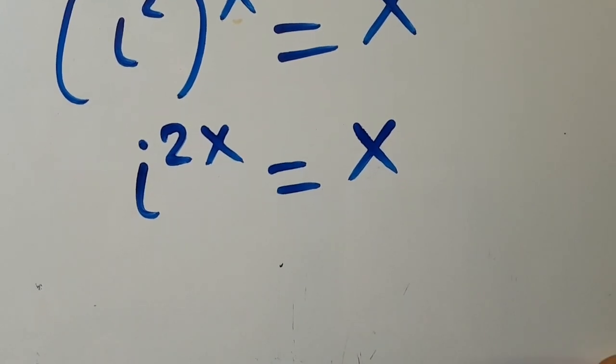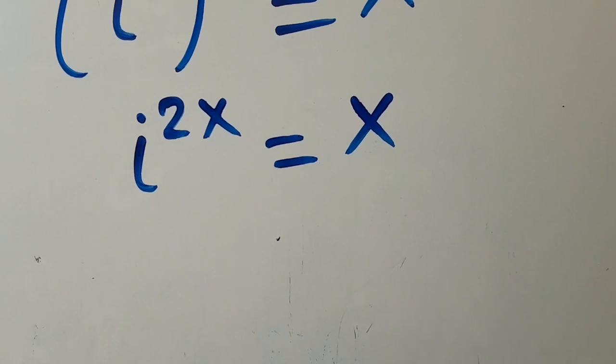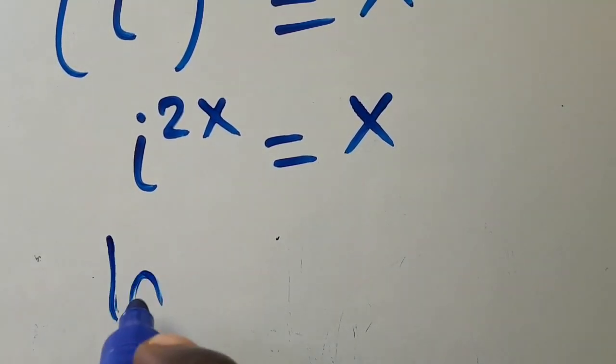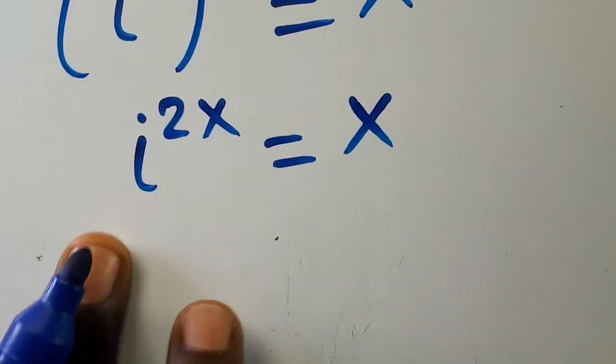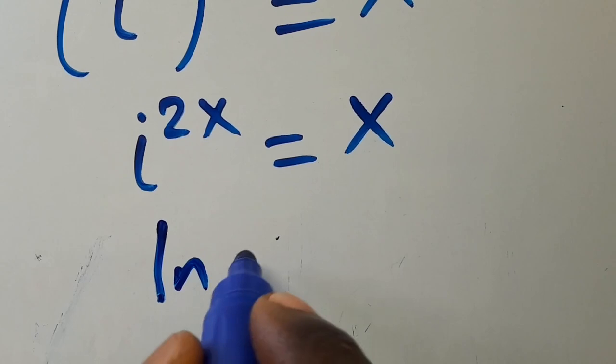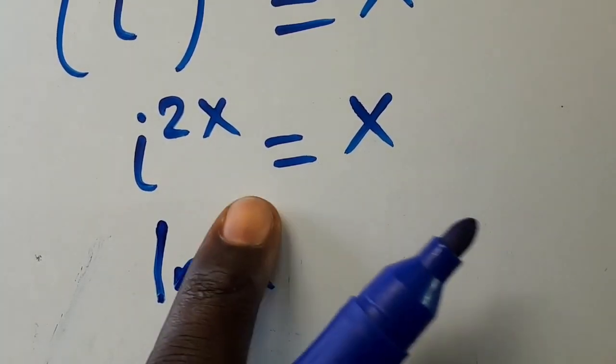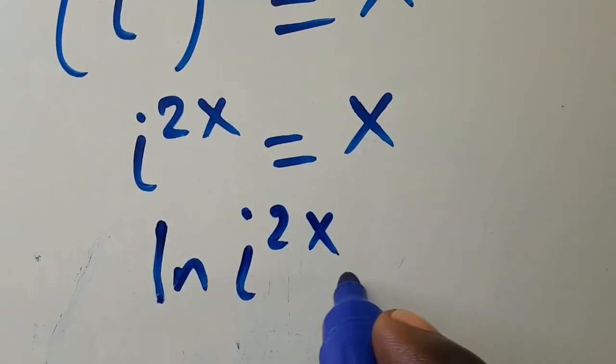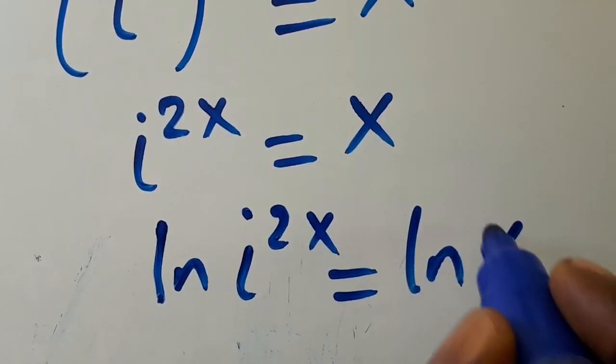Then let us introduce natural log to both sides. That is, we have ln of i^(2x) equals ln of x.